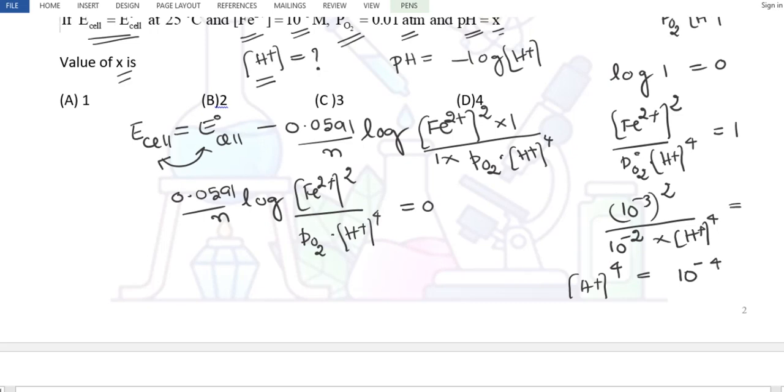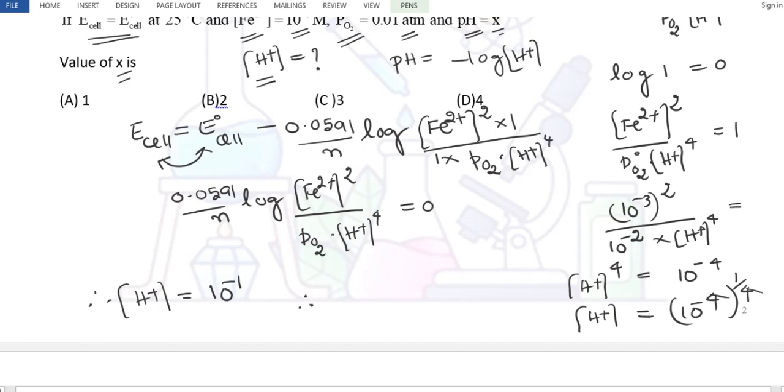Correct? Therefore, H plus concentration is the fourth root of this, to the power 1 by 4 I can write. So it is 4 into 1 by 4, so remaining is 10 power minus 1. Therefore, I got H plus concentration is equal to 10 to the power minus 1.